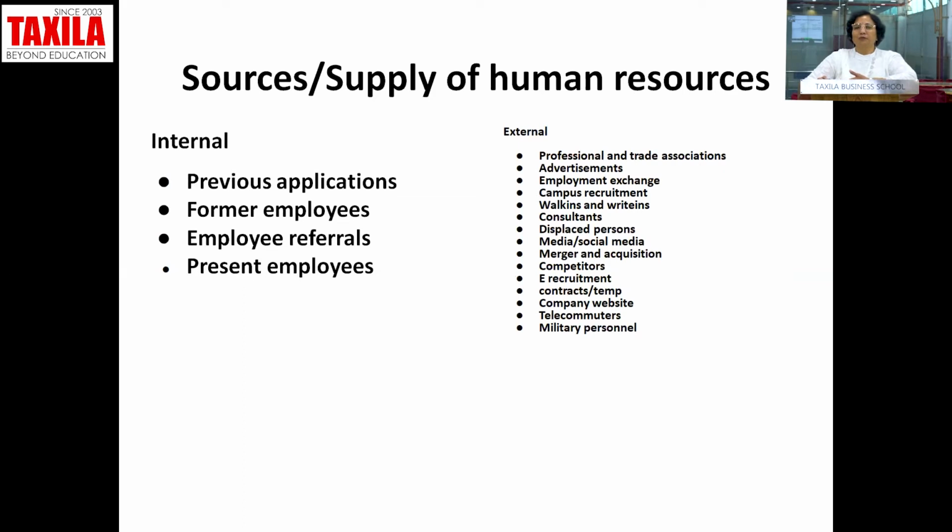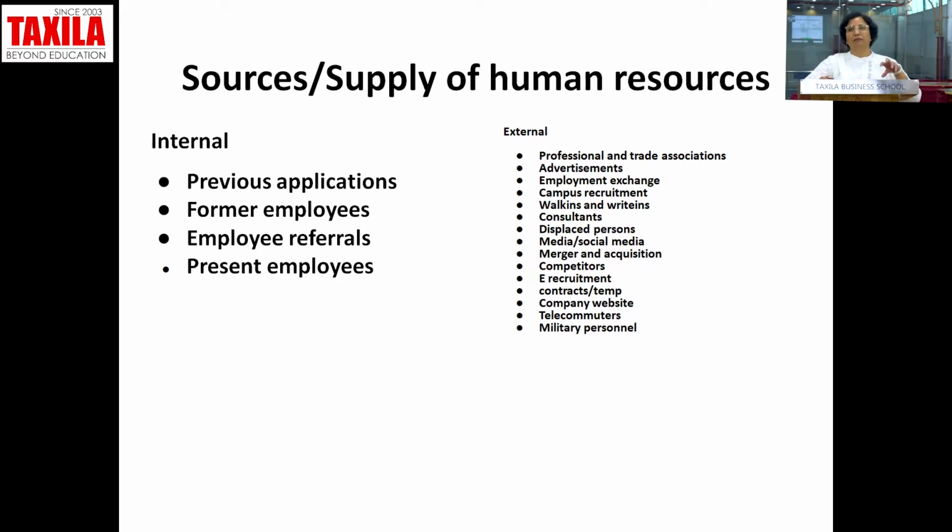Now, recruitment, we have seen that it is just about inviting the applications. So what are the sources of inviting these applications? These are two, internal and external. Internal means inside the company. I have many sources inside the company also. These can be present employees.